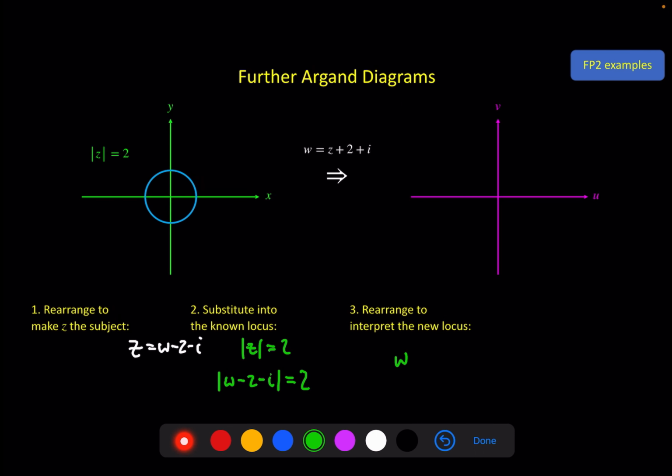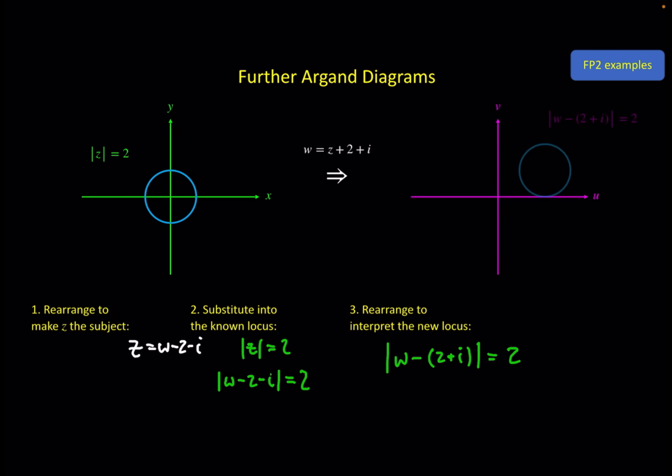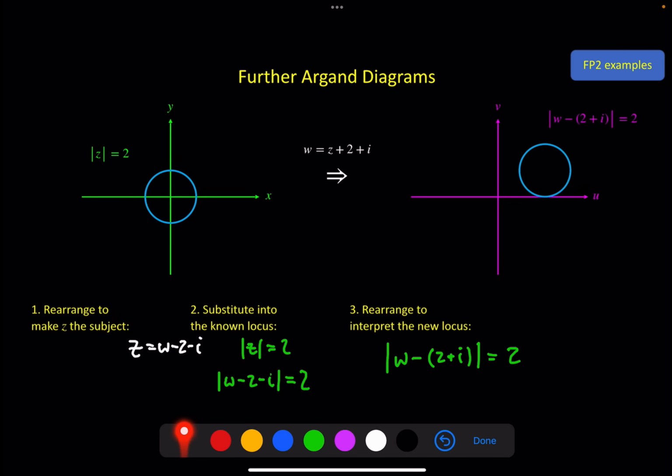Let me just make it a little bit clearer that this number here is 2 plus i, and that is acting as our w1 in place of our z1, and that tells us the center of the circle has shifted from 0 to 2 plus i. So it's at 2, 1 with a radius of 2. So the radius hasn't changed, it has just moved or translated over here. And again, given this statement, that's probably not a surprise.